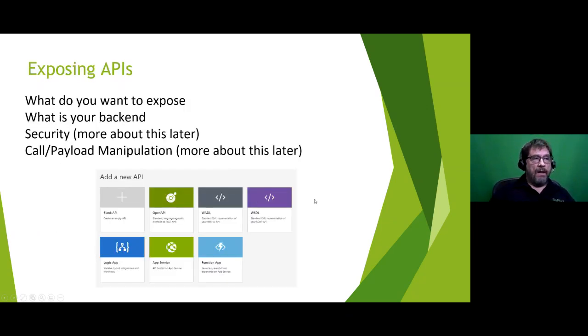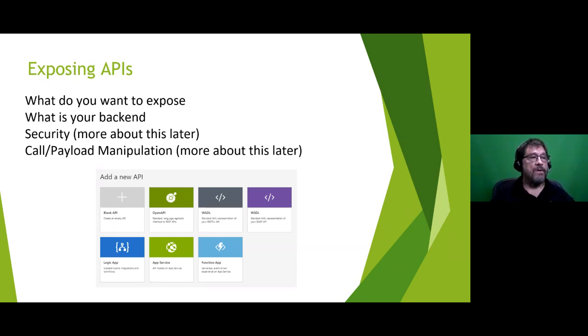So I've got an API. I could have it written in a number of technologies. As you see there in the little graphic, the OpenAPI. For me, I was a little taken aback at first when I saw that. I'm used to Swagger, but that's the official name: your Swagger is your OpenAPI specification.